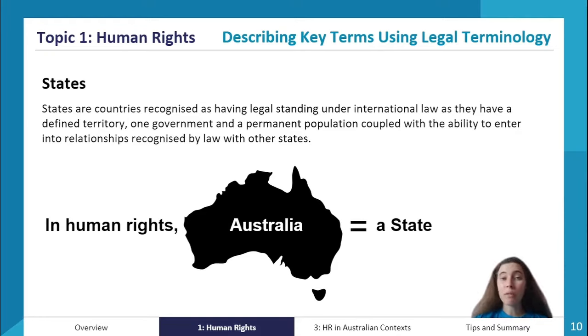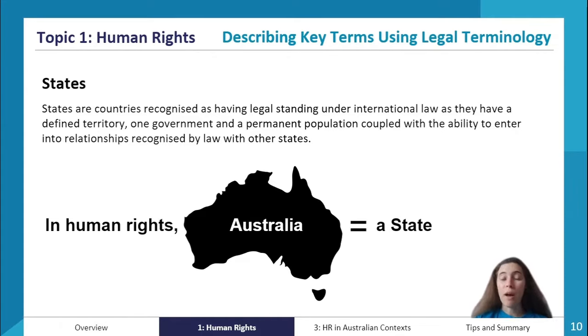And the different criteria that are needed to be defined as having that legal standing are these. So defined territory, one government, and a permanent population. And they also need to have the ability to enter into relationships recognized by law with other states, so other countries. So territory is about the area. We know that the area that Australia covers is defined as Australia.